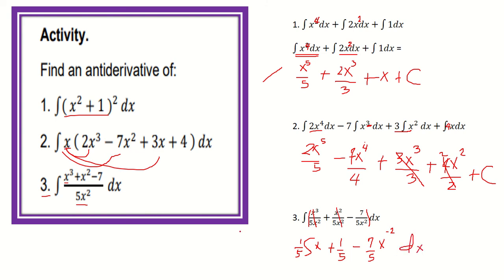O, unsay integral ana? Integral aning 1/5. So, integral dx na siya. Is dx. Isa-isa ko na to ni kay para ano. This is dx. Okay na.